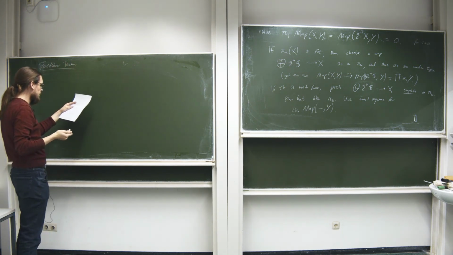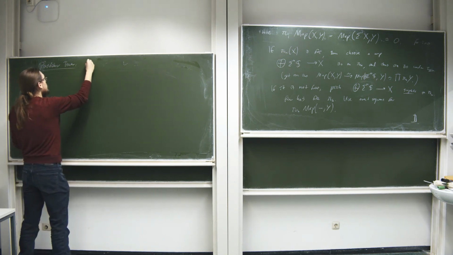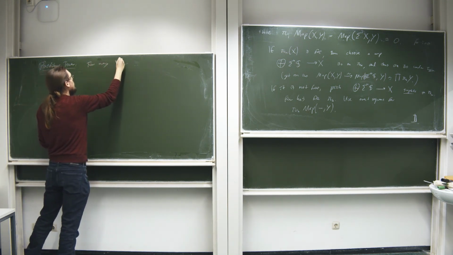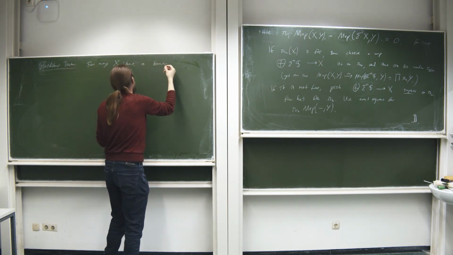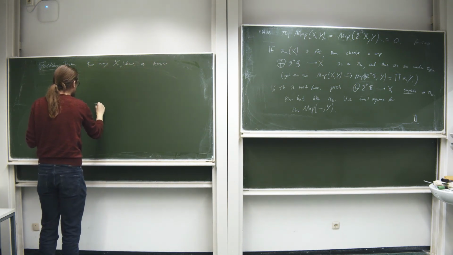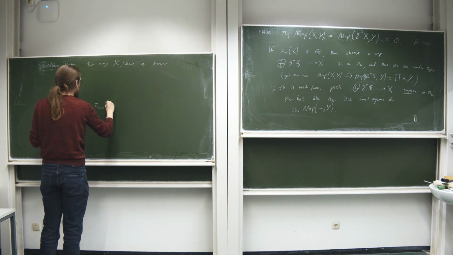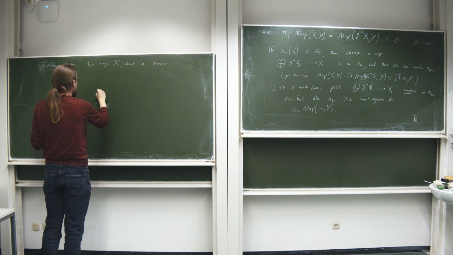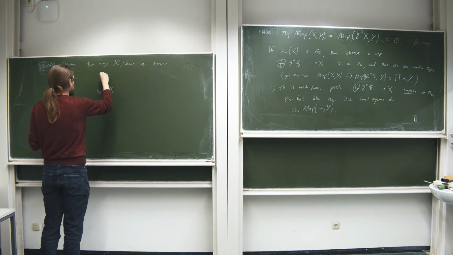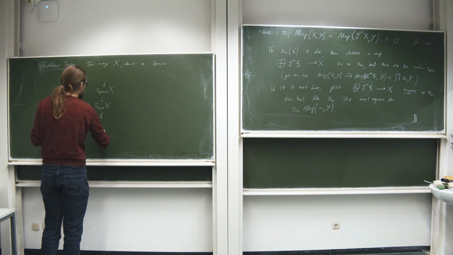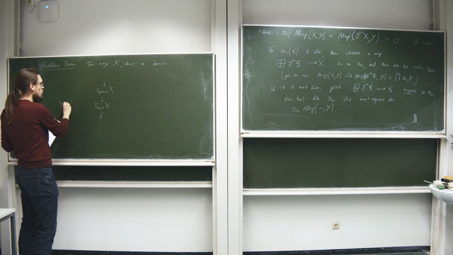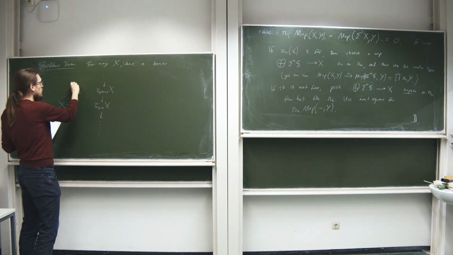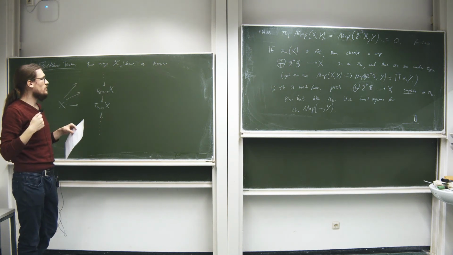The idea is that for every X, we have a tower of all these truncations of X, and X maps to all of them and is in fact the limit.